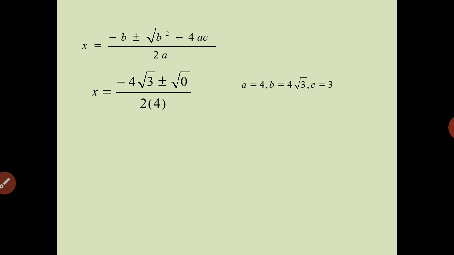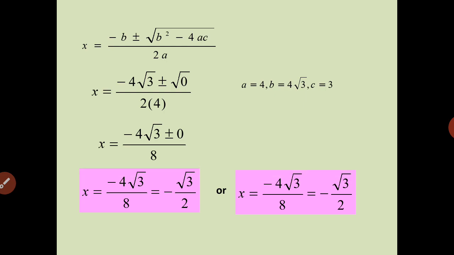You will see that the second part, that is root 0, becomes 0 and you are left with minus 4 root 3 by 8, which gives you minus root 3 by 2. That means you have two equal roots.